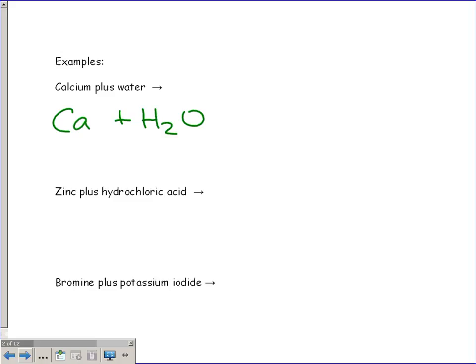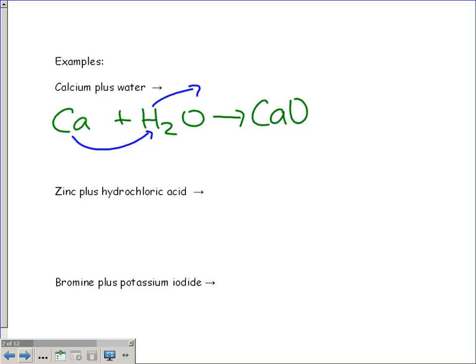So calcium is actually going to come in and kick this hydrogen out. Calcium's going to rebond with that oxygen, and then I'm going to be left with H2 gas. So Ca and O: calcium has a +2 charge, oxygen has a -2 charge, so I'm going to form CaO.